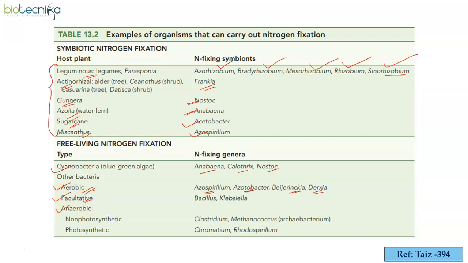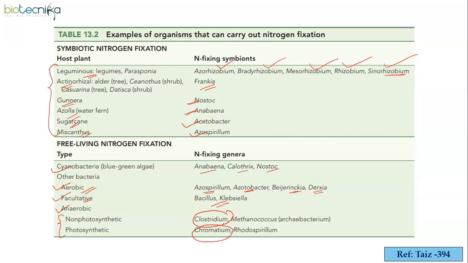Facultative, that can survive in both conditions, whether oxygen is present or not present, it is fine: Bacillus and Klebsiella. Anaerobic microorganisms include non-photosynthetic and photosynthetic bacteria. Non-photosynthetic, Clostridium. Photosynthetic, we have Chromatium.